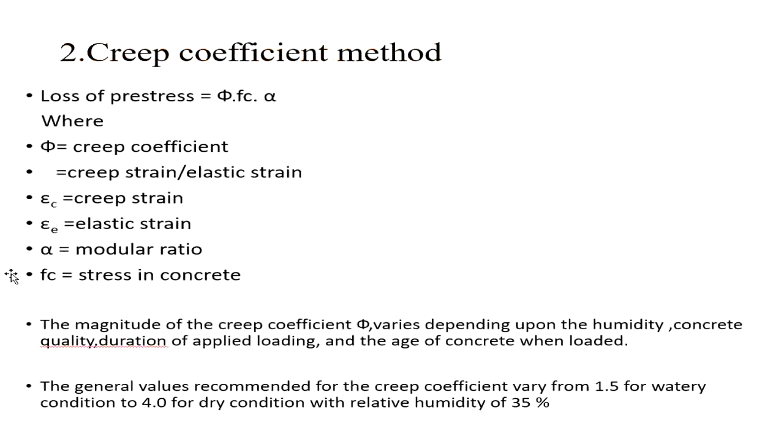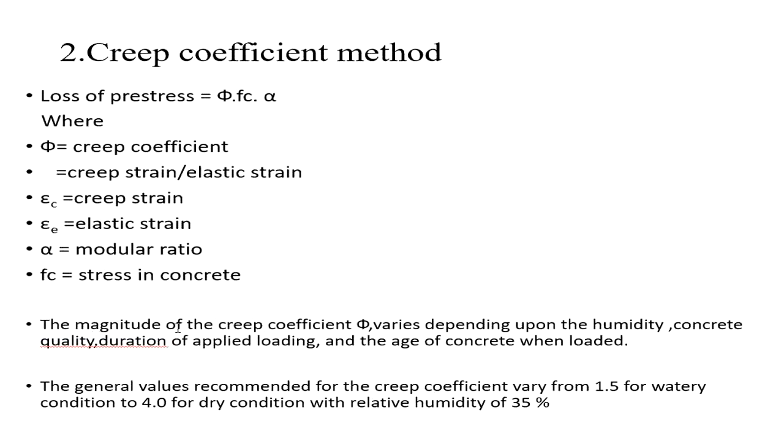In the creep coefficient method, loss of pre-stress can be calculated by the simple formula phi into Fc into alpha. Here phi is the creep coefficient, Fc is the stress in the concrete at the level of steel, and alpha is the modular ratio.